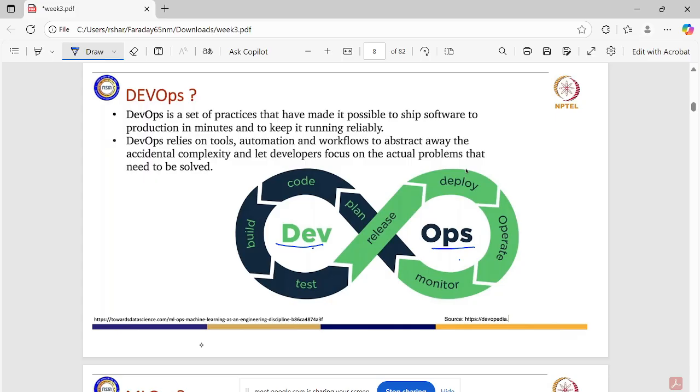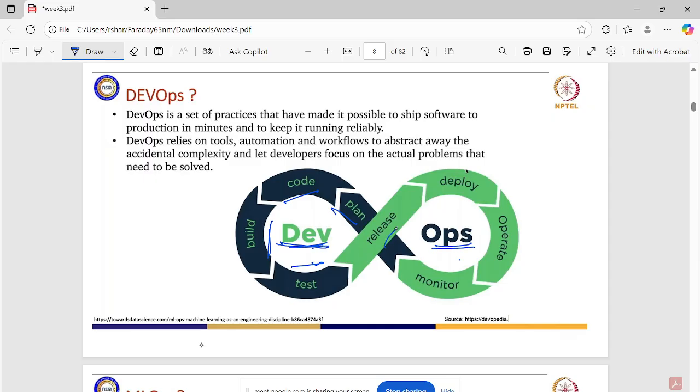So if we see the development portion, it is plan, code, build, and test. Then once the software is complete and released, it goes to the operational phase.